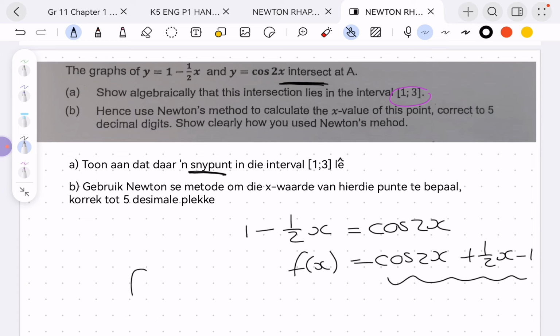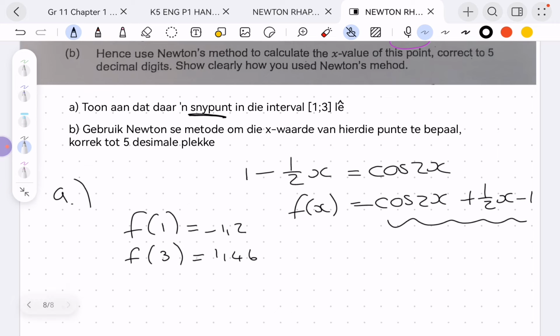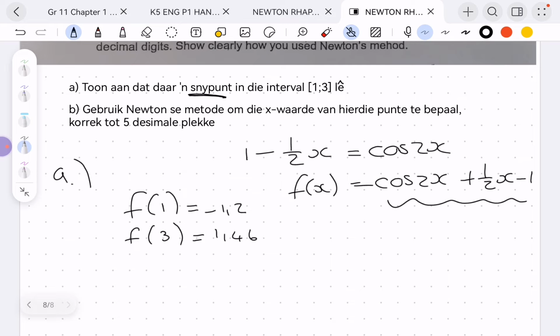So that function at the point 1 will give me an answer of negative 1,2. That function at the point 3 will give me an answer of 1,46. Good. Since we had a negative answer here and now a positive, we know it has to go through the 0 line, the x-axis.